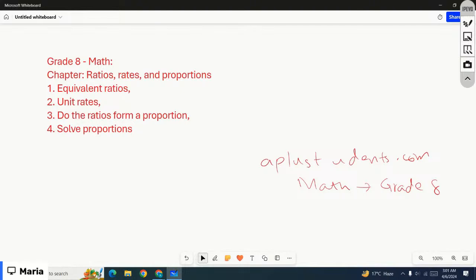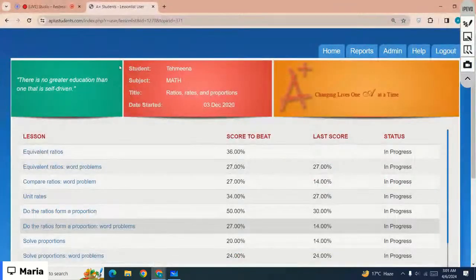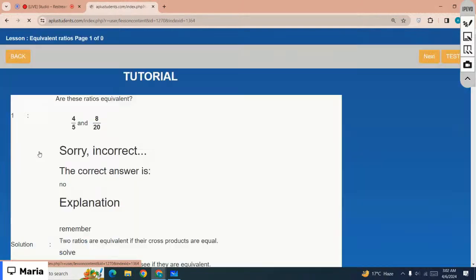Okay, let's just start with the lesson. Here I'm on grade 8 math. The chapter we are on right now is ratios, rates, and proportions. Let's just start with the first lesson, that is equivalent ratios.